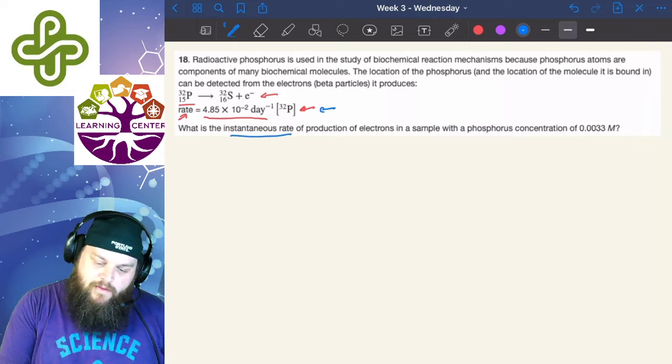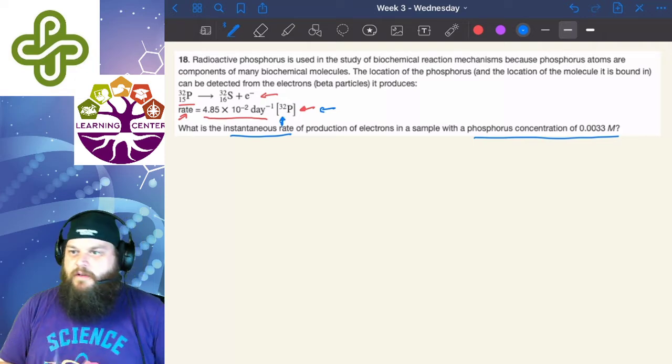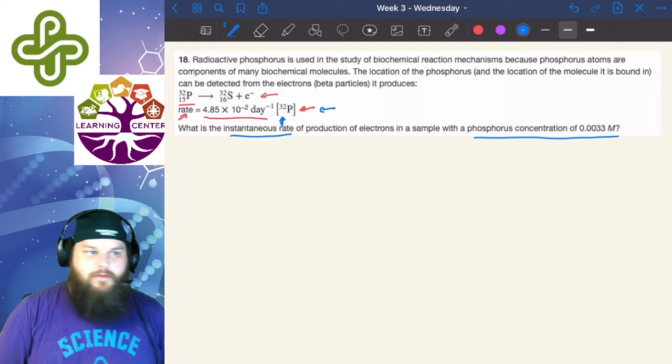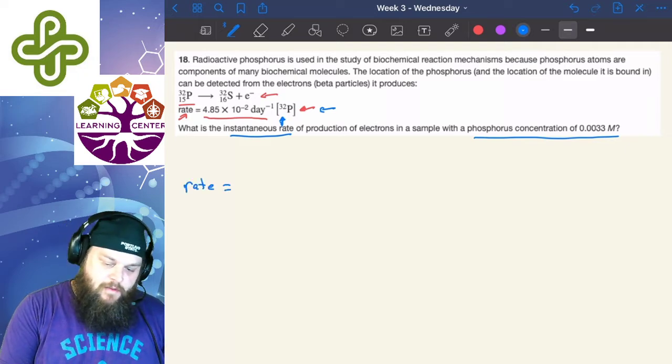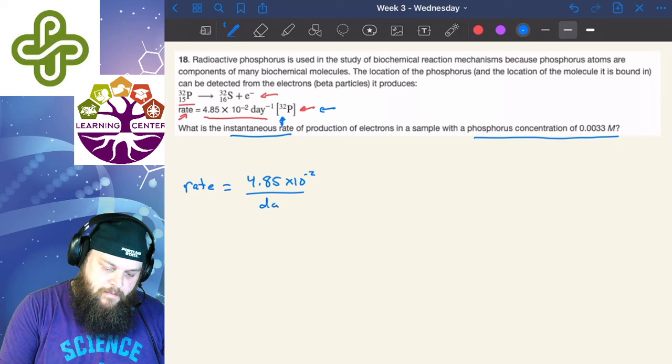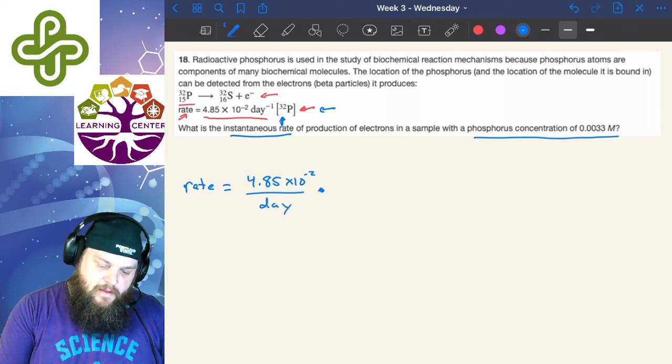So this is really the equation we need to use to determine the instantaneous rate. And all we really have to do is plug in this concentration in here for phosphorus. And since it's a first order type of equation, it's going to be specifically just that. So we can say that the rate is equal to 4.85 times 10 to the negative 2 per day, I like to write them like that, times the concentration of phosphorus.